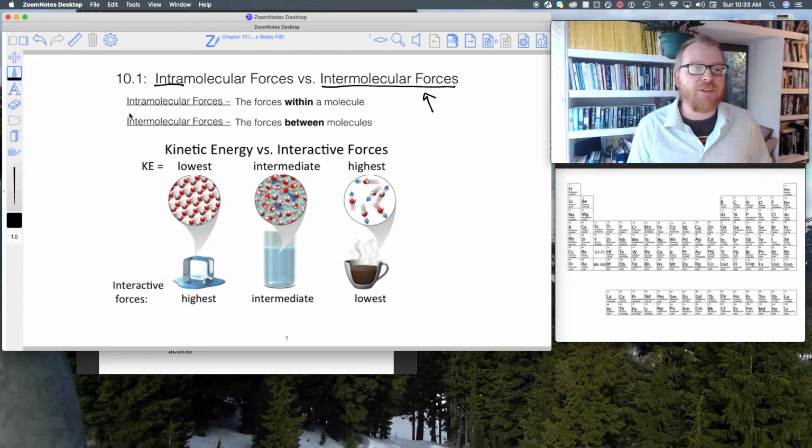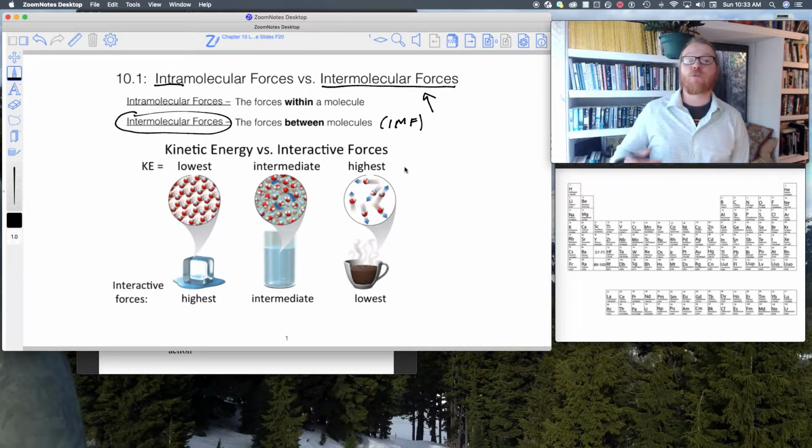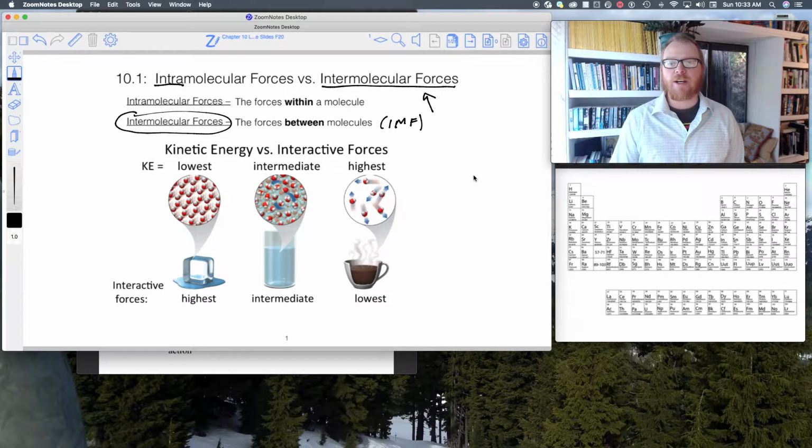What we're going to get into in this chapter is intermolecular forces, IMF. Those are the forces between molecules. For example, if I have 2 neighboring water molecules, I'll draw another one up here.